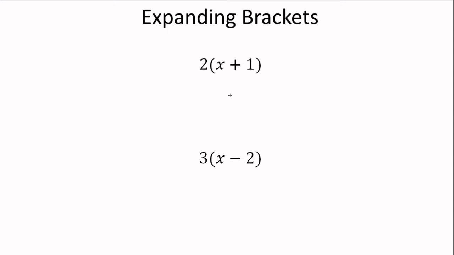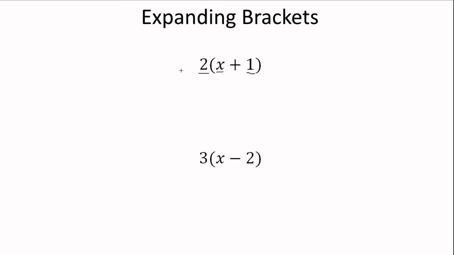The general process is quite simply this: we take the value outside the brackets, in this case 2, and we multiply it by each individual term inside the brackets. We do it one by one. So we have 2 times x plus 1, so 2 times everything in the bracket.